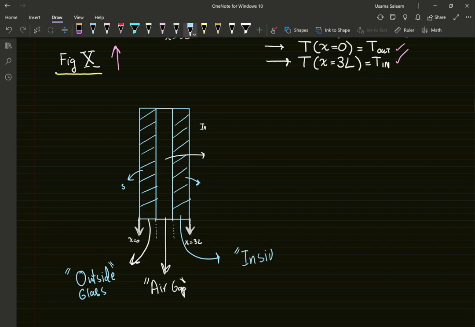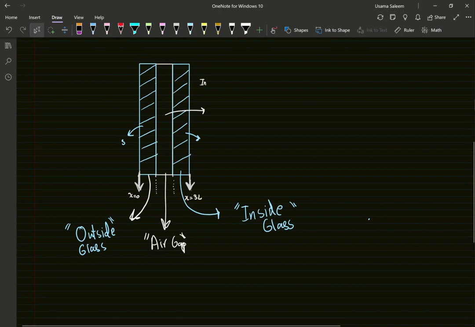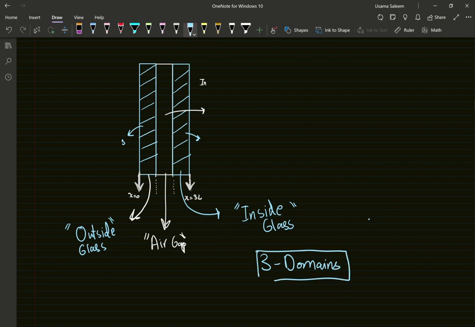There's going to be a governing equation for each of these domains. So I have a total of 3 domains, and I'll have to write the equation for each domain. I'm going to designate the outside glass as domain 1, domain uno. Domain dos, the second domain, is the air gap, and the third domain is the inside glass.